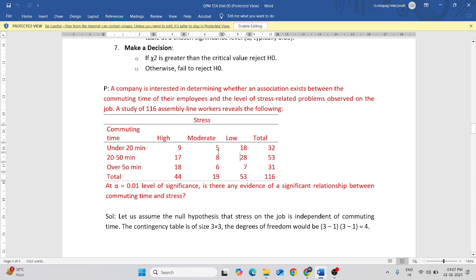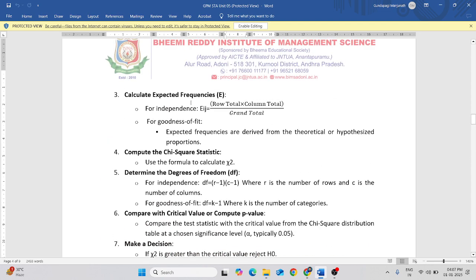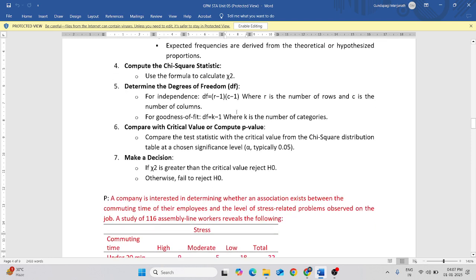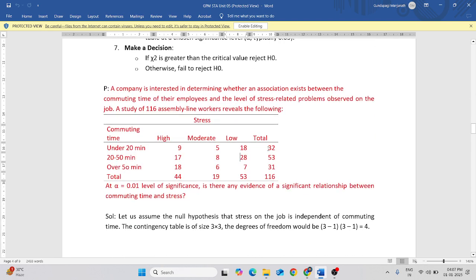Here we need to find the expected frequency. I have told you the formula: row total into column total divided by grand total. So the row total is 32, into 44, divided by 116.